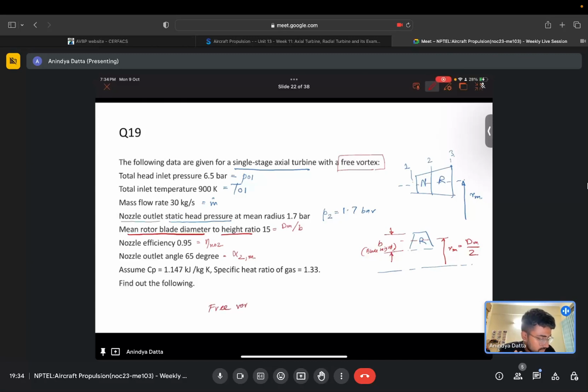So we know for free vortex blading, the relation is Cw times r is equal to constant. So the whirl component of velocity is inversely proportional to the radius from the rotor axis, right? Okay, so is this clear what all are given?